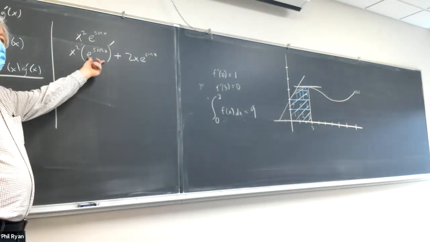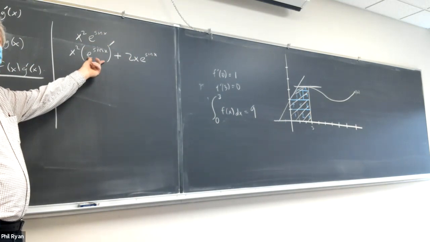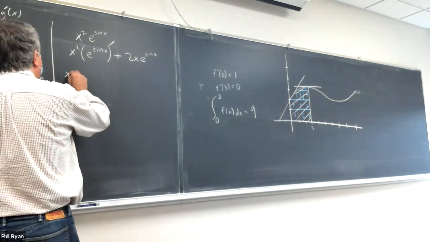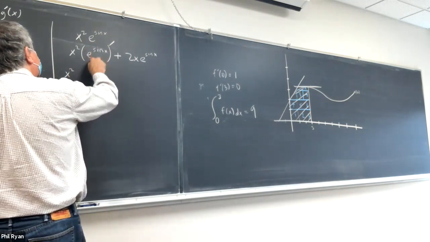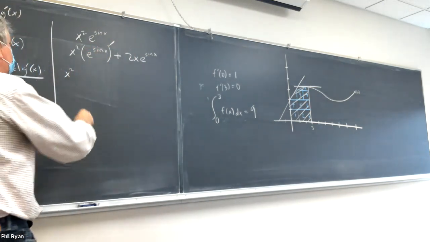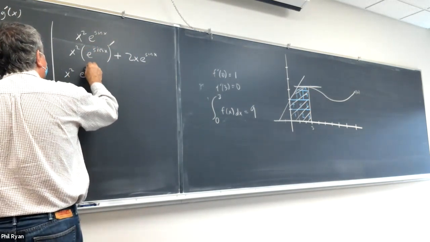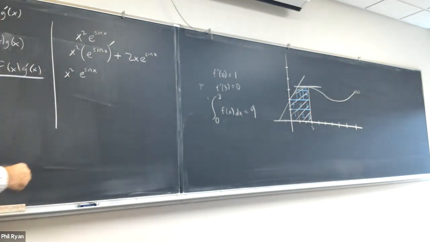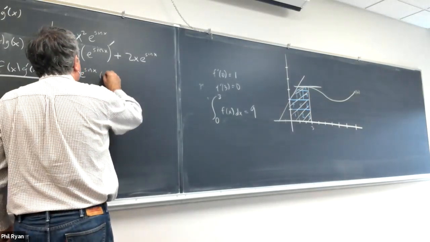This guy here is just a chain rule. So that's going to be x squared times, well, the derivative of an exponential is an exponential. This bit, then we take the derivative of what's here.